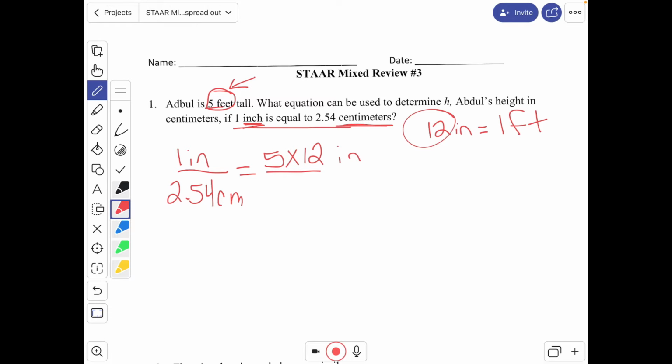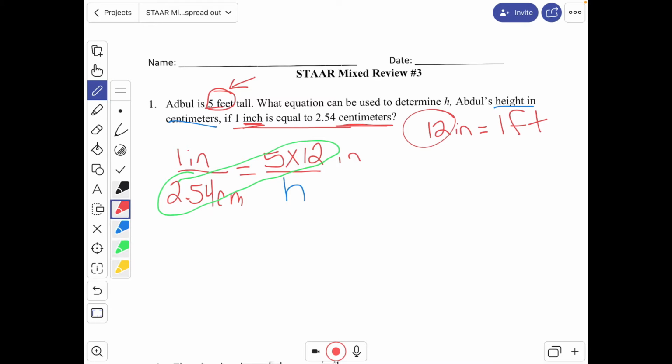And the reason I wrote it like that and not just solving it is because we want an equation. And so the missing number is right there, height in centimeters. Now to solve the equation, we're going to need to cross multiply.